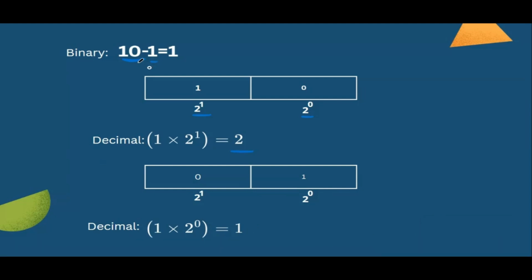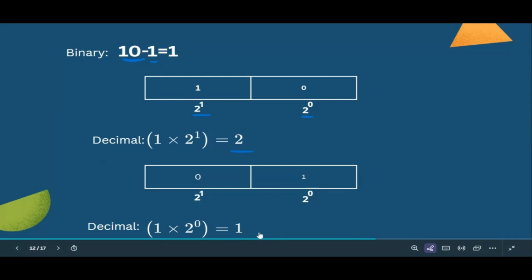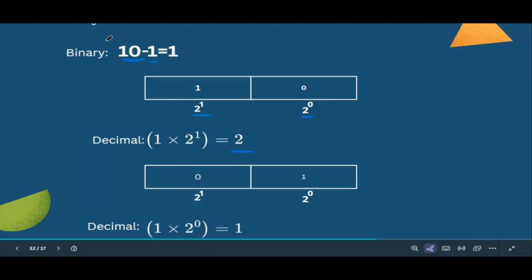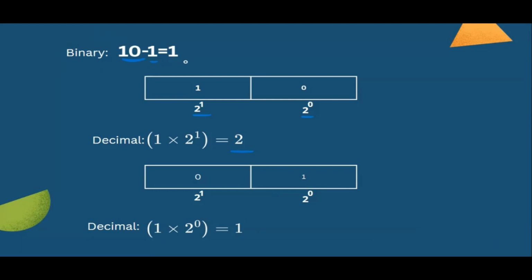So this operation, 10 minus 1, is equivalent to 2 minus 1, which is equal to 1. Again, the decimal 1 and the binary 1 are counterparts. Hence, we get 10 minus 1 equal to 1 in binary as well.